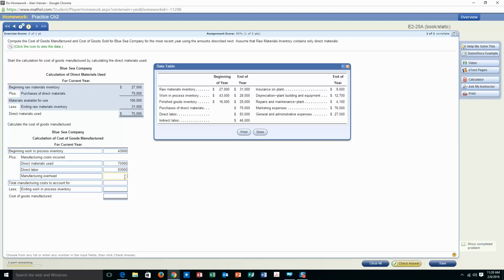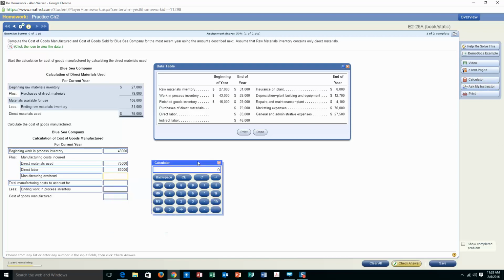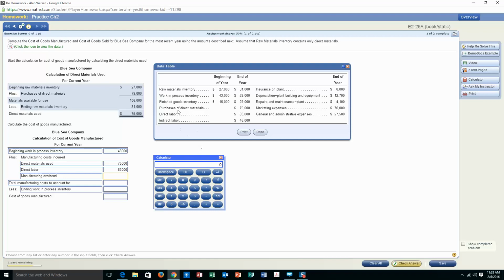Now, this is a little bit more complicated, so I'm going to use my calculator, and I'm going to have to classify anything that is indirect labor or indirect materials, and any manufacturing overhead goes into manufacturing overhead. So I can see here that I have, to begin with, $46,000 worth of indirect labor.